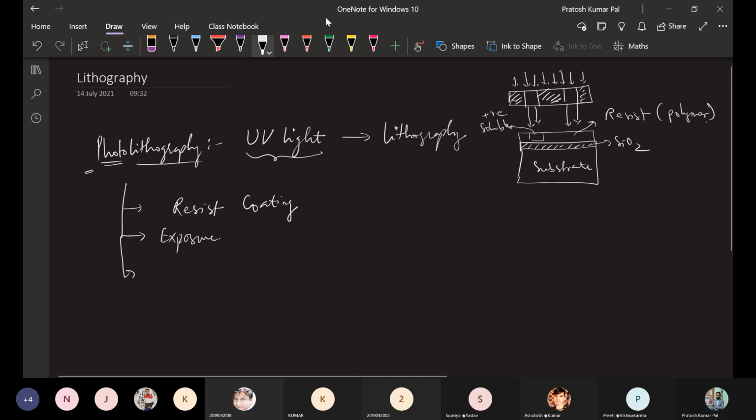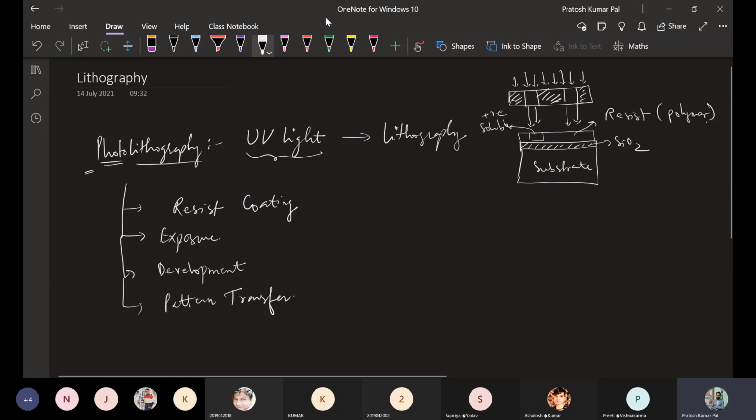Okay, so the next steps that we go with are development and pattern transfer. In the development part, we will be exposing the light. The resist part will become soluble or hardened.